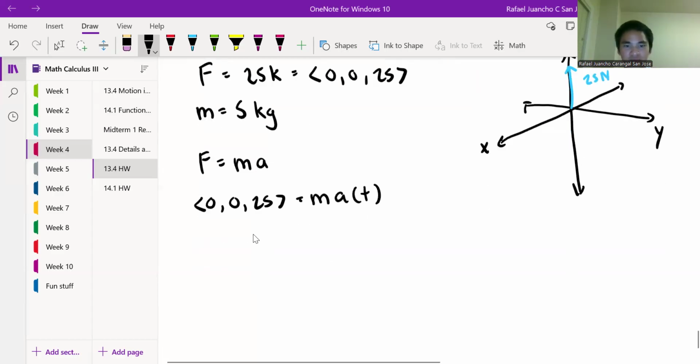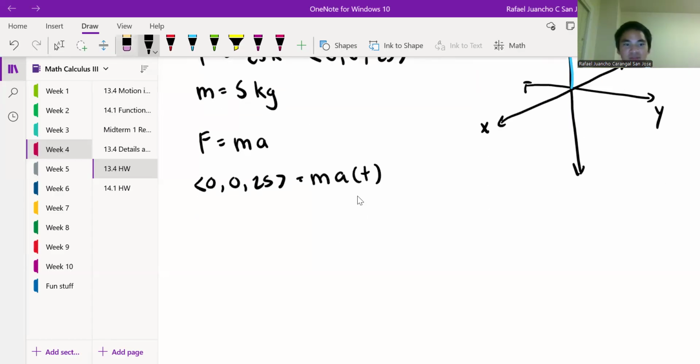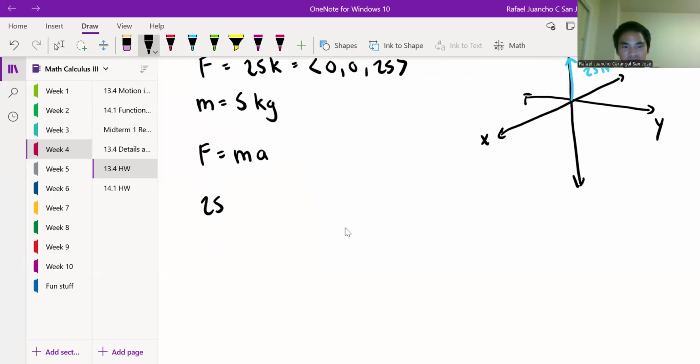What else can we say? Well, here we can actually translate the problem a bit. This is where it's actually good to use ijk. So we say 25k is equal to m times a of t. And actually, this m is just 5.